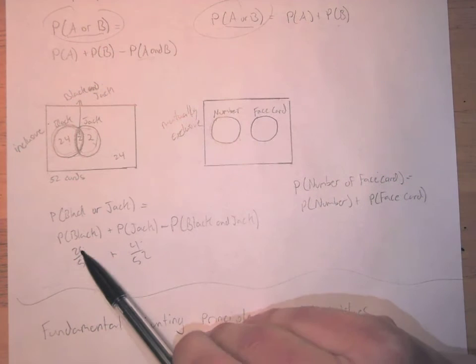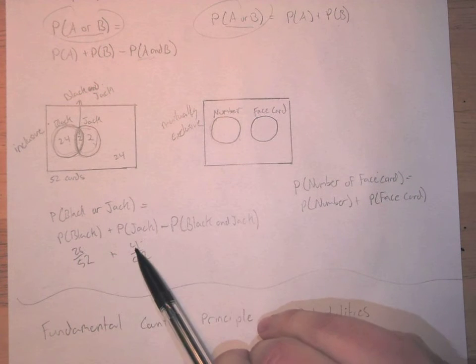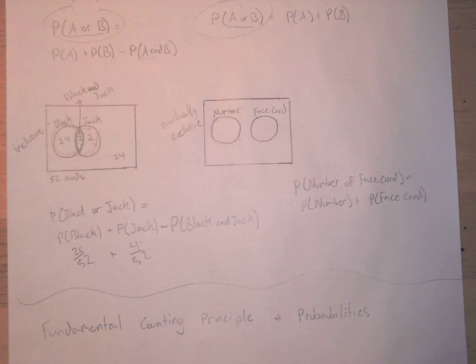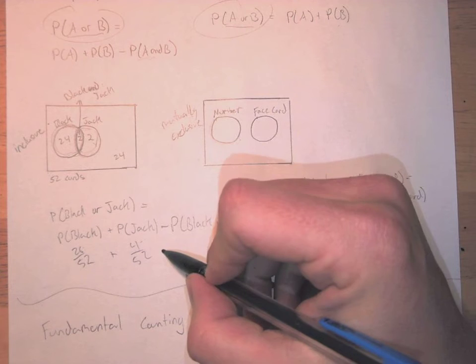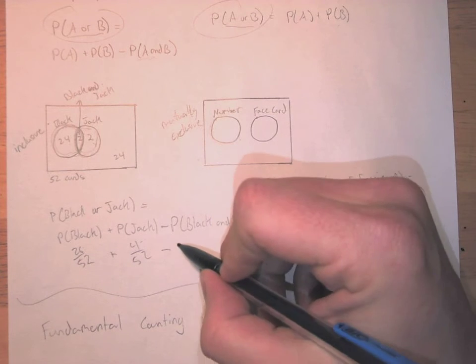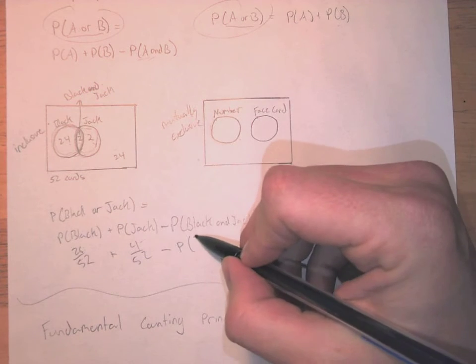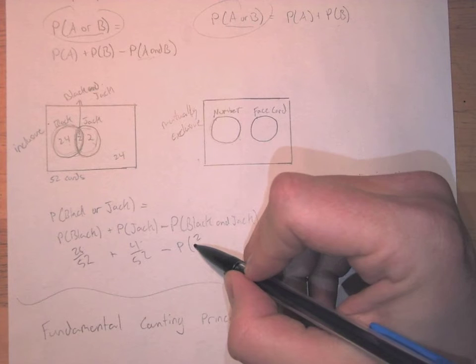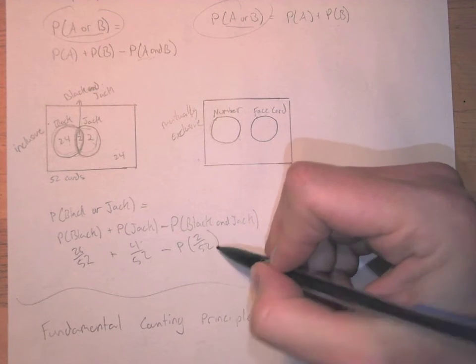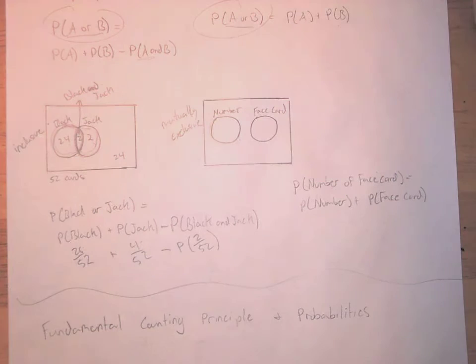So this is 24 plus 2 plus 2 plus 2, and I used that 2 twice. So that's too many things. So I have to subtract out the middle part, the and, the probability that they is black and a jack, the probability that they both happen, which is 2 out of 52, because there's 2 black jacks.